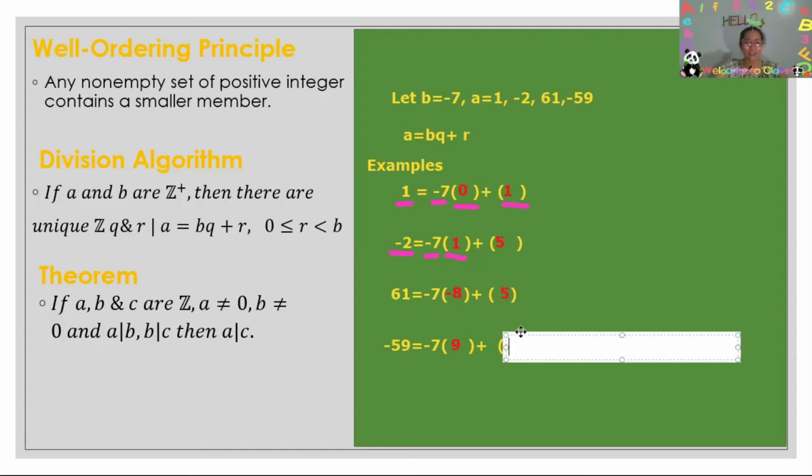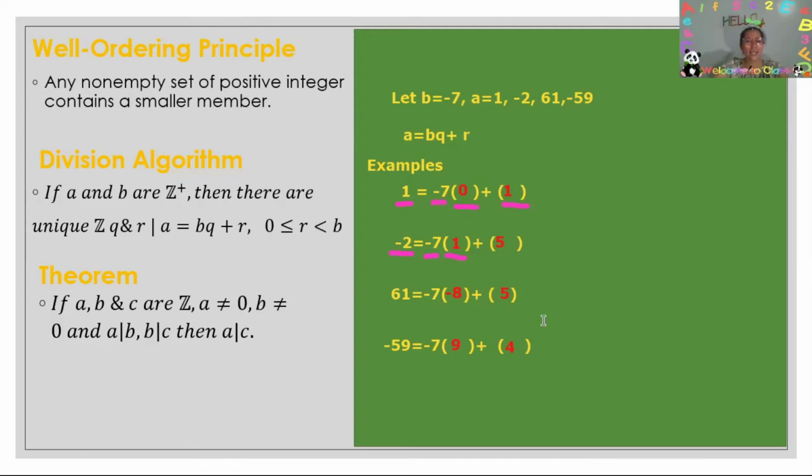Is it 4? So 9 times -7 would be -63. -63 plus 4 would be -59. So much for that, and this would be all for the examples.